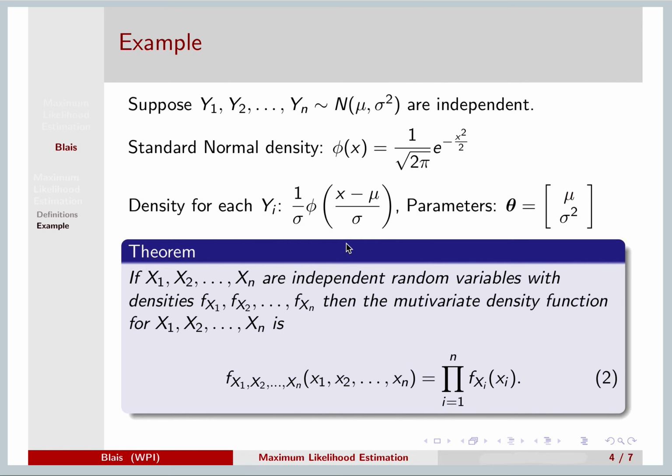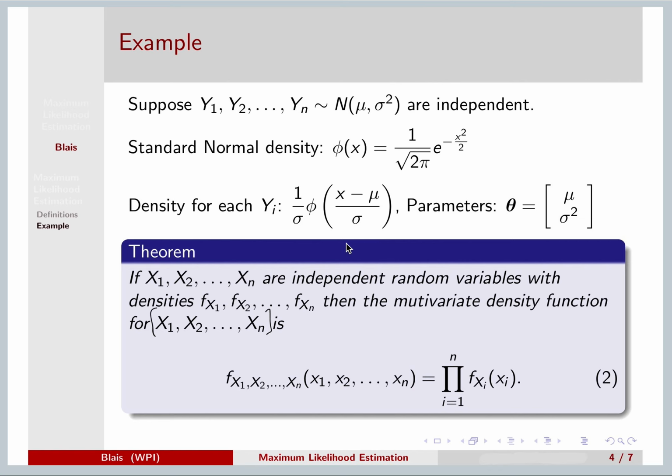If you have n independent random variables and each has a density function, so your xi has its own density f sub xi, then the multivariate density function for x1 through xn, thinking of it as a vector, is the product of the individual densities.